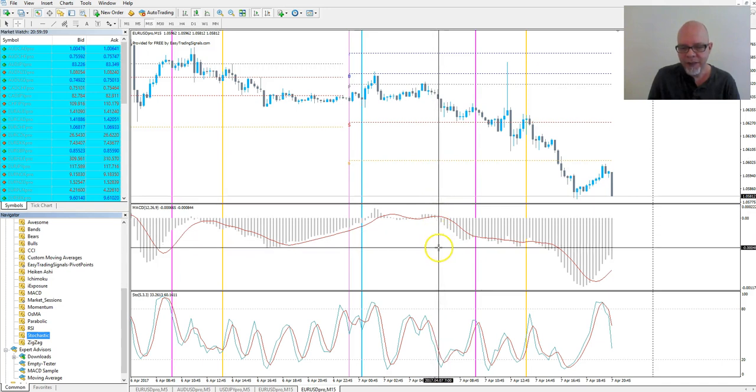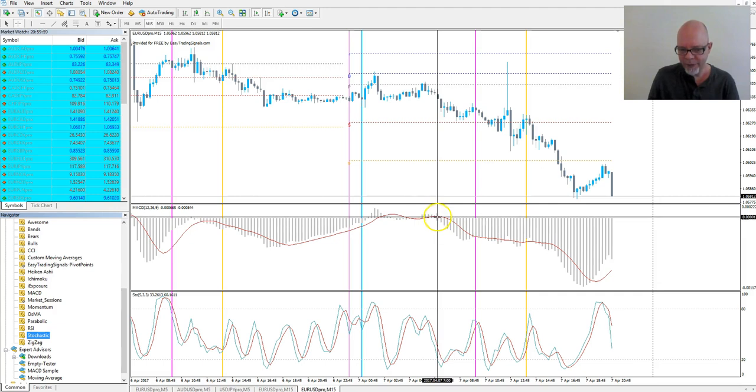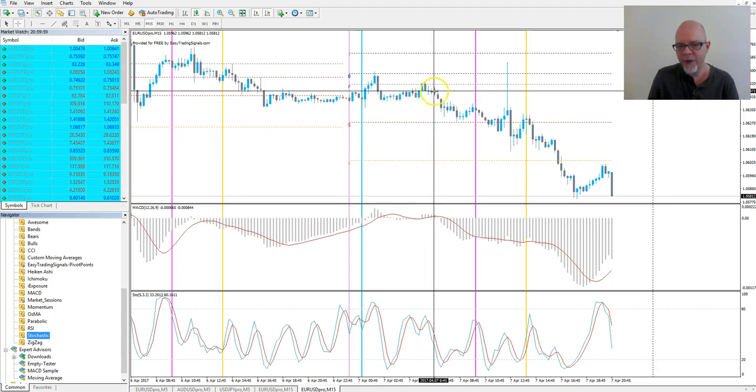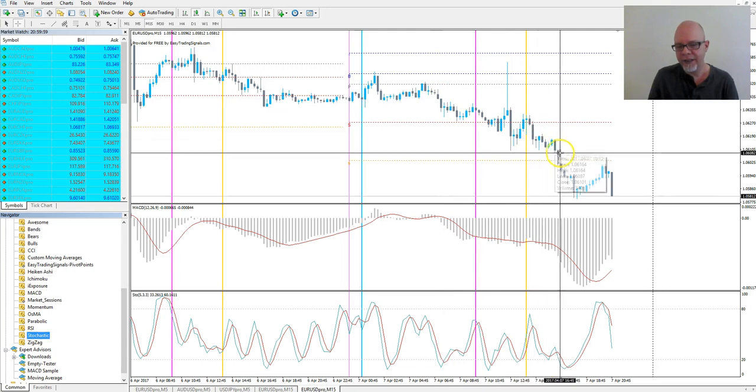You'll see over here, the moment that your bars cross below your signal line and the bars start moving down, that crossing point is something we're looking at, where the market is potentially moving down. And as you can see, then it does exactly that.